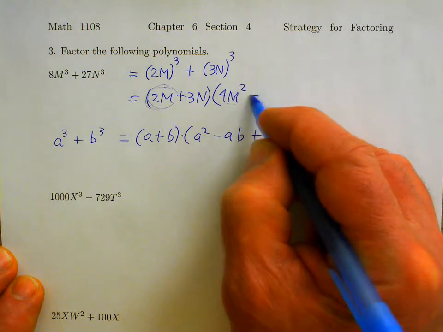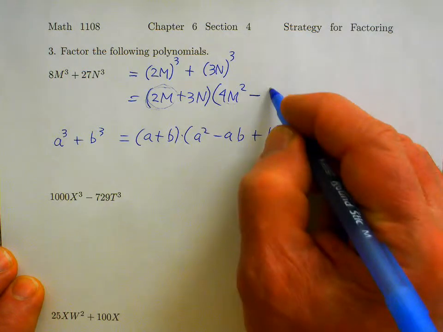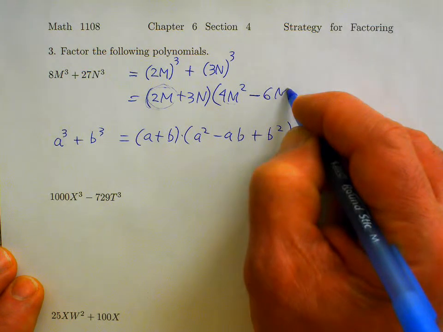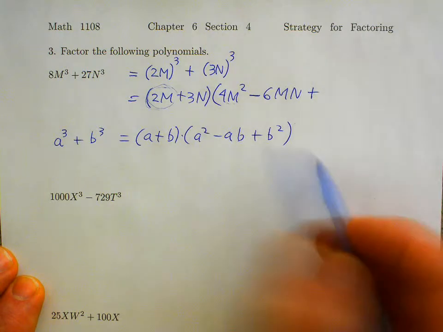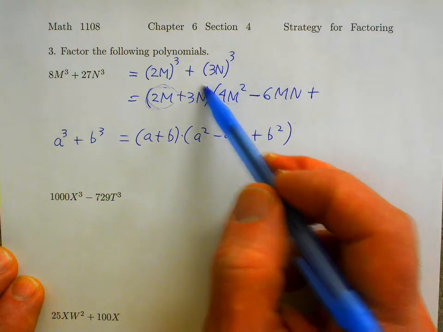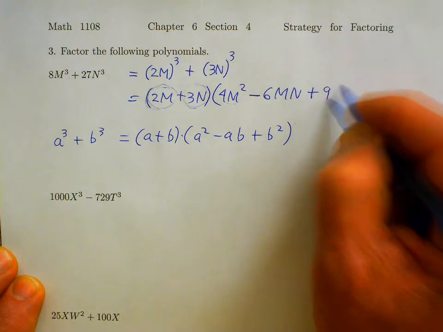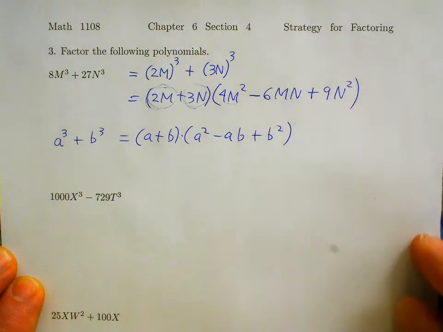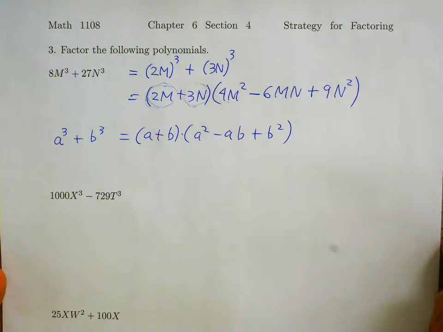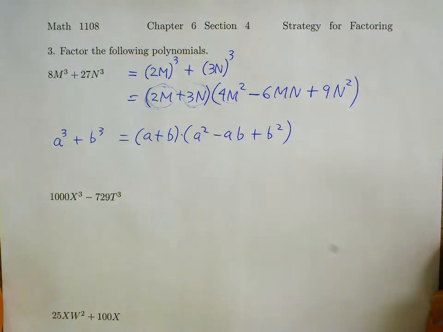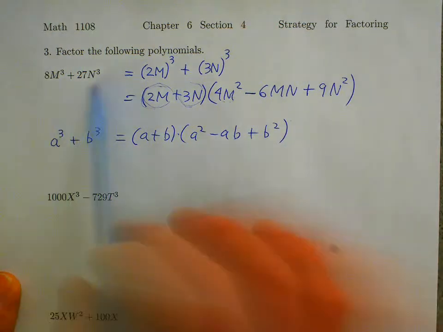And then we're going to subtract the product of 2m and 3n, which is minus 6mn. And then we're going to add what we get when we square the term 3n, which is 9n to the second. Okay, so that's the factorization of that sum of cubes.